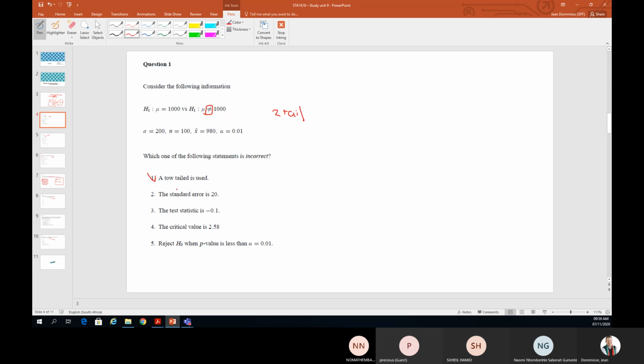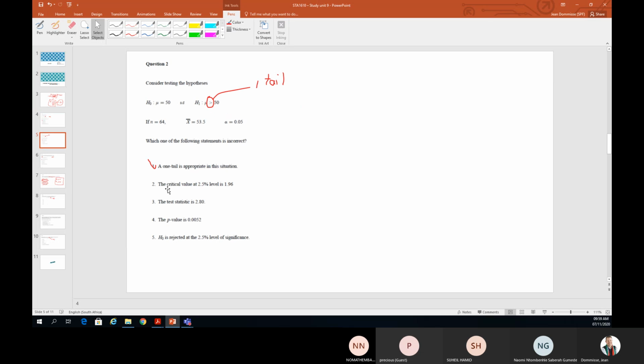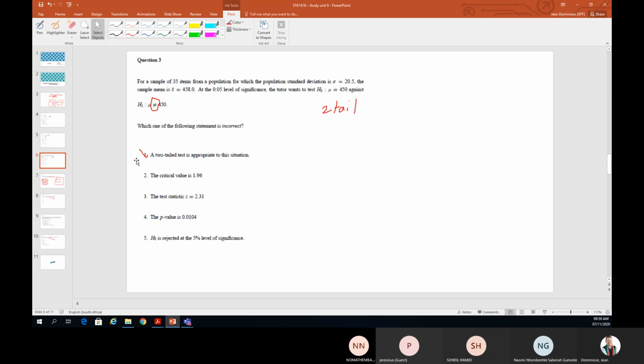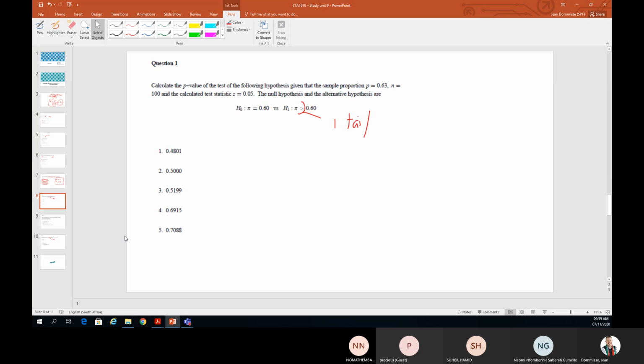So look at this one in the second one. Okay, there's the critical value, there's the test statistic. Okay, they brought in a p-value, but also then do you reject or not? The same here, critical value, the t statistic, the p-value, reject or not.